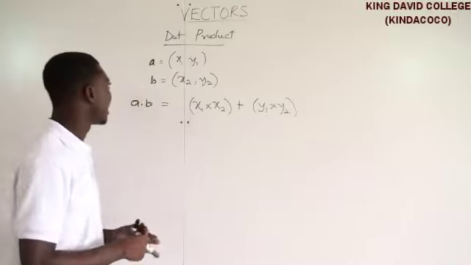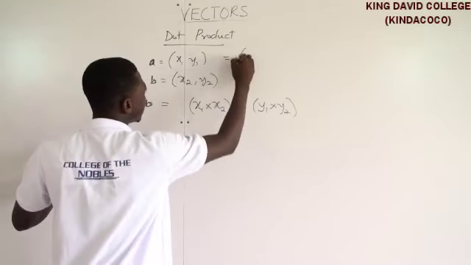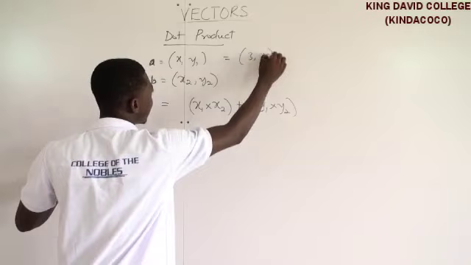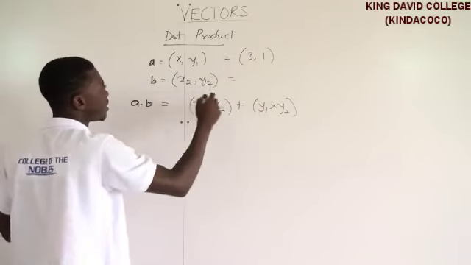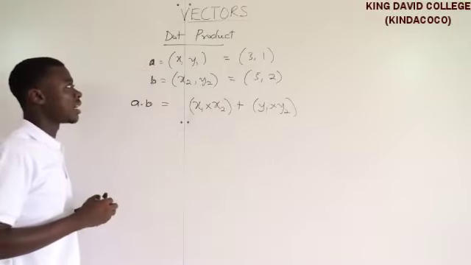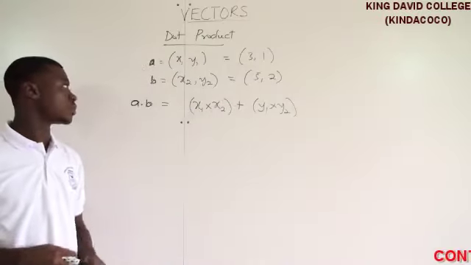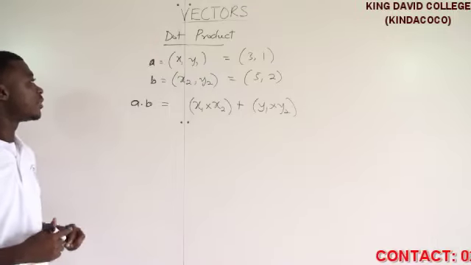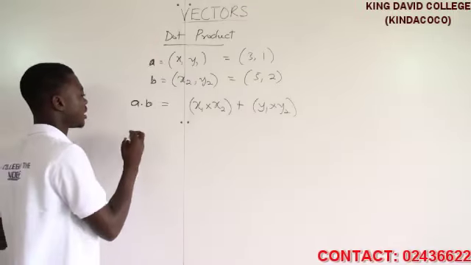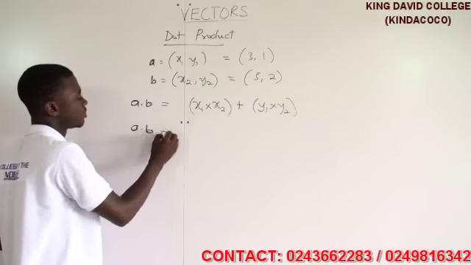For instance, let's say vector A is 3, 1, and vector B is 5, 2.